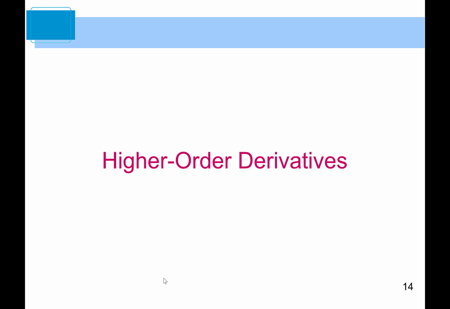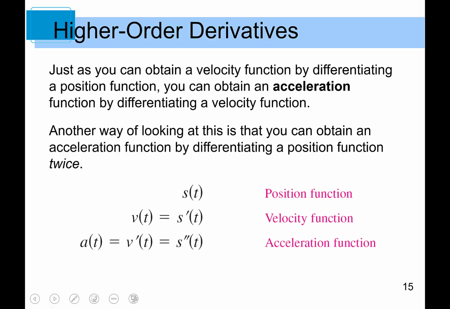Okay, so next, let's take a look at higher order derivatives. First of all, we're going to revisit one of the 4 major problems in derivatives. Remember, the velocity function is achieved by differentiating the position function, and you can obtain an acceleration function by differentiating a velocity function. Another way of looking at this: you can obtain an acceleration function by differentiating a position function twice.